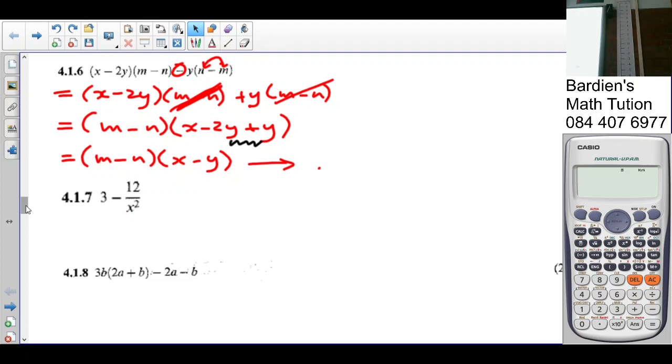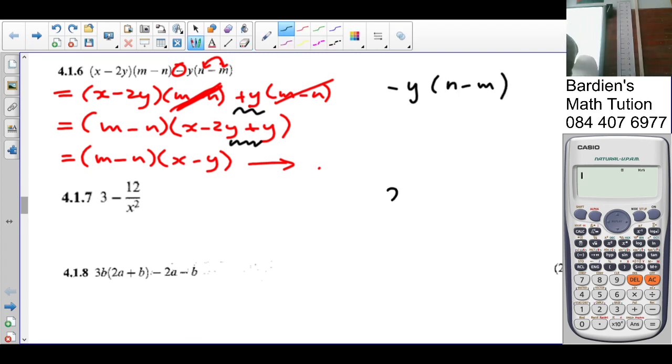Yes, ask. What is that negative function? Because remember, she's asking why that changed. Remember you've got negative y, n minus m. Let me take you one step back. What is 2 minus 3?